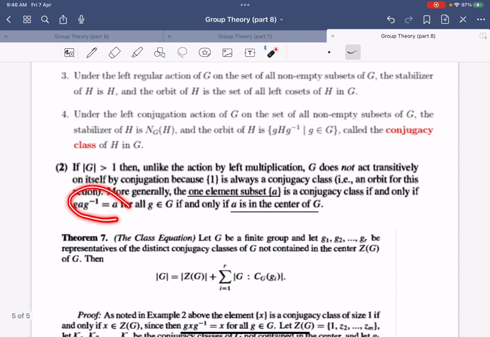But this really says that A lies in the center of G, because by definition, gA equals Ag for all g. So A is in the center of G.